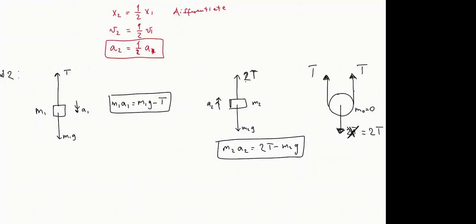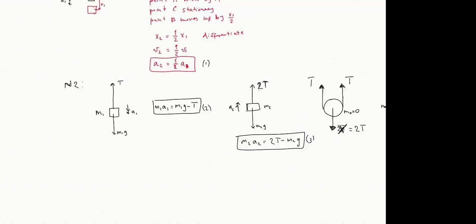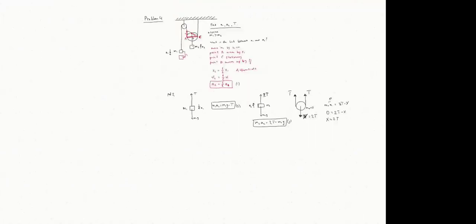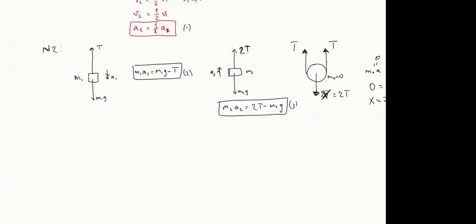All right, so we got three equations, 1, 2, 3. We have three unknowns, a1, a2, and T. And I think we're good to go because we have everything we need. So let's make T the subject from 2.